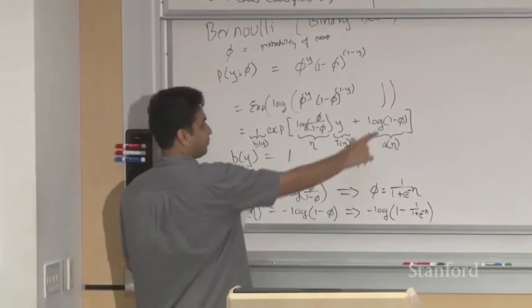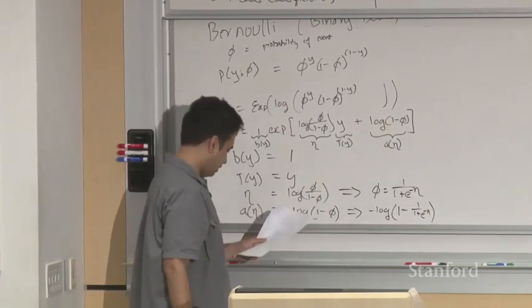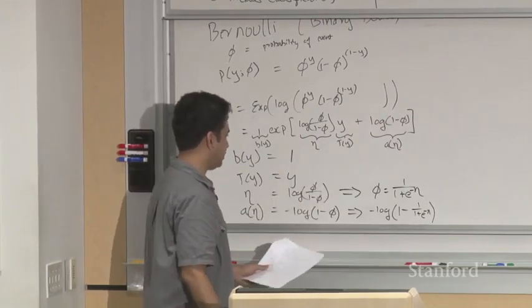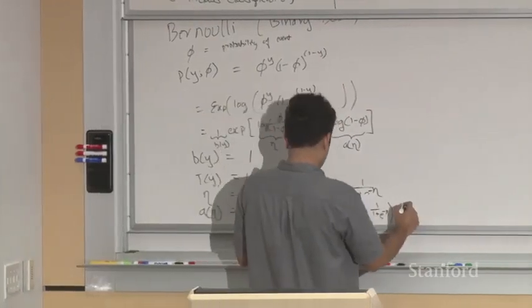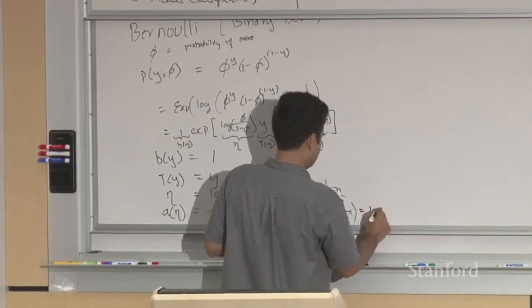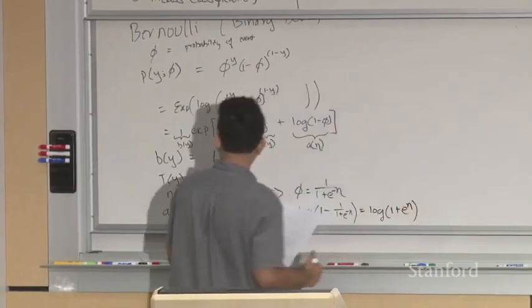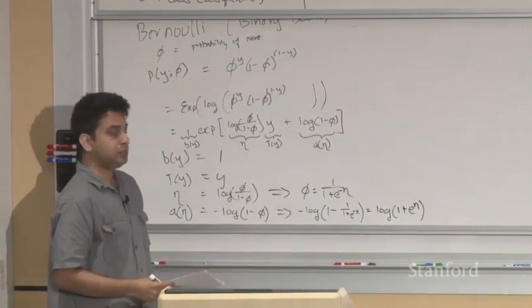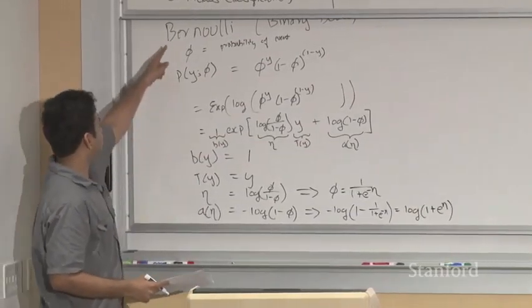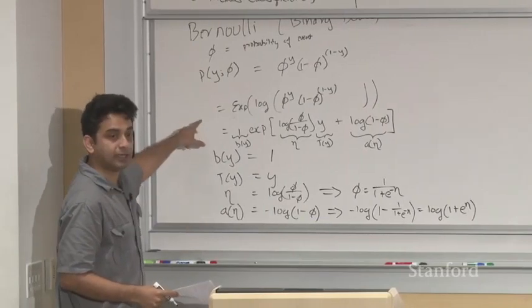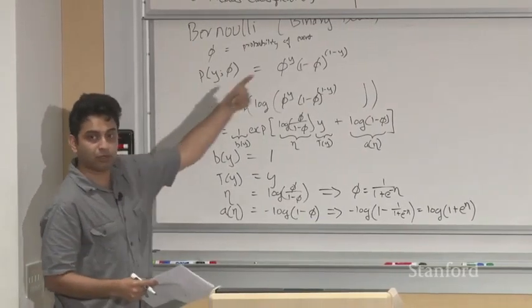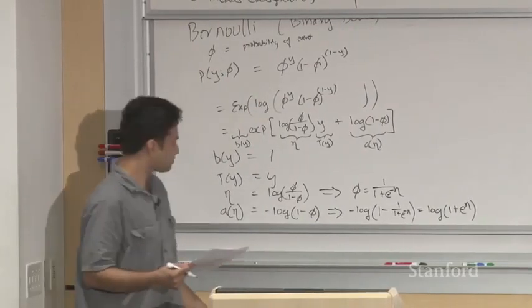Here we got it in terms of phi, but we need to plug in eta over here. This will just be log of 1 plus e to the eta. So there you go. This verifies that the Bernoulli distribution is a member of the exponential family. Any questions here?